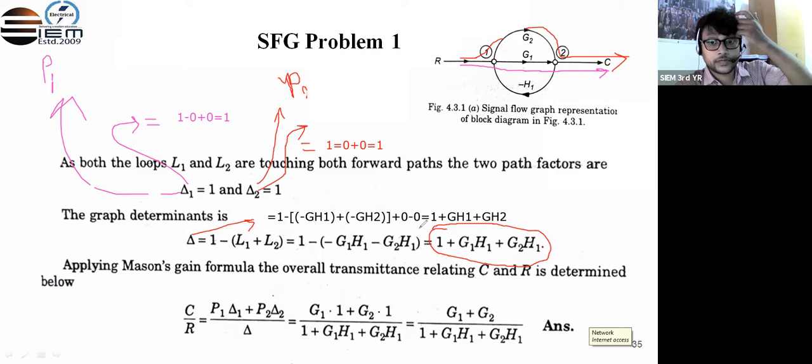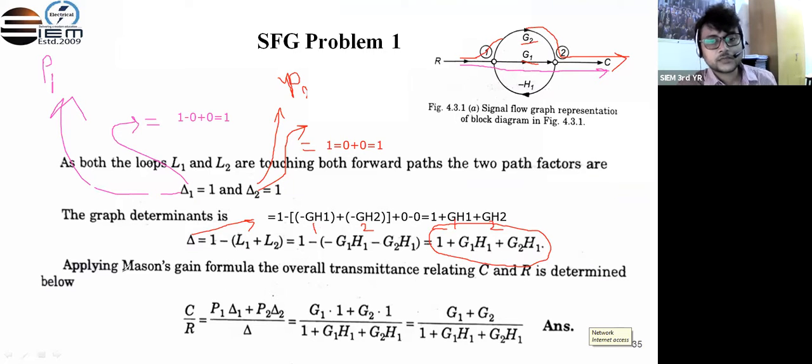Okay, G1 was there, and this is G2. So this is G1 and this is G2. That's why the result is 1 plus G1H1 plus G2H2.